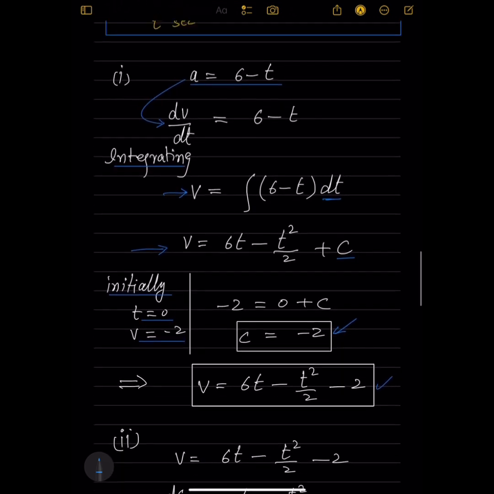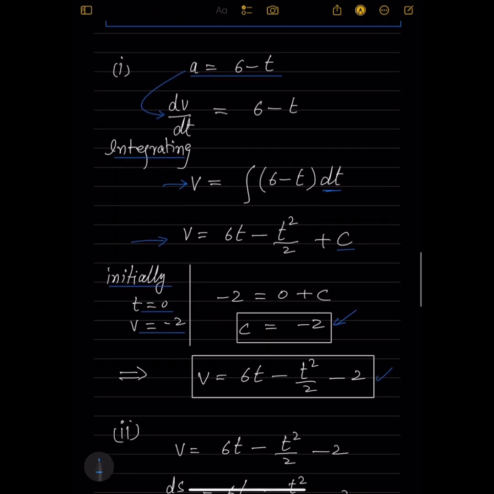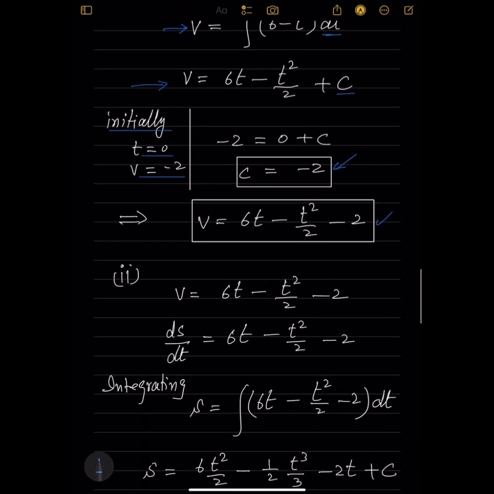Number two, we have to find the displacement of the particle after t seconds. Again, we will use the process of integration. V is equal to 60 minus t square over 2 minus 2. We can write V as ds over dt.